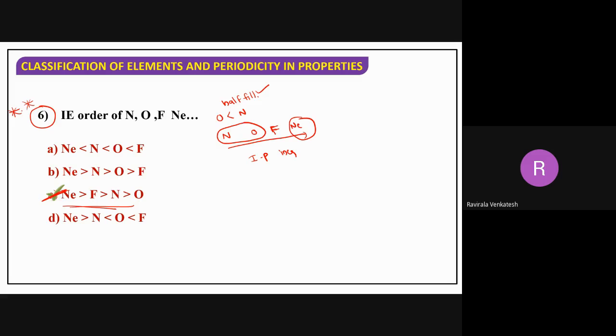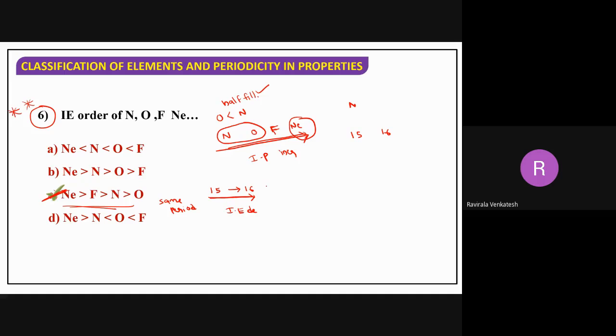This type of questions makes some confusion. Confusion is not there for neon. So this is the rule we have to follow: left to right, ionization potential increases. Only in the case of group 15 and group 16 in the same period do you get this contradiction. Write this in your notebook: in the same period, from group 15 to group 16, ionization enthalpy decreases.